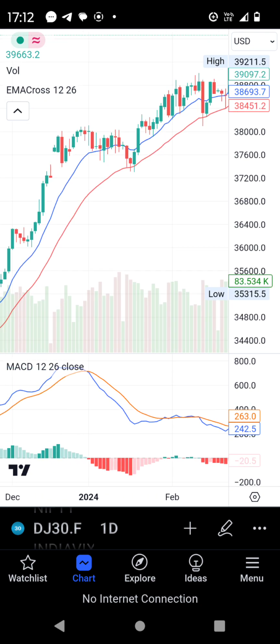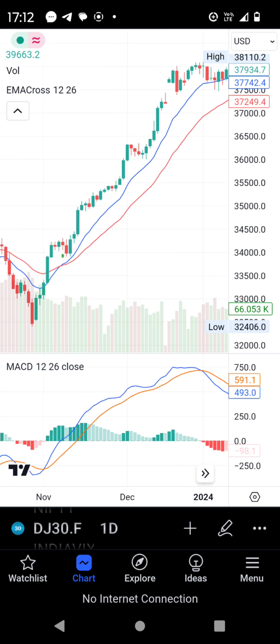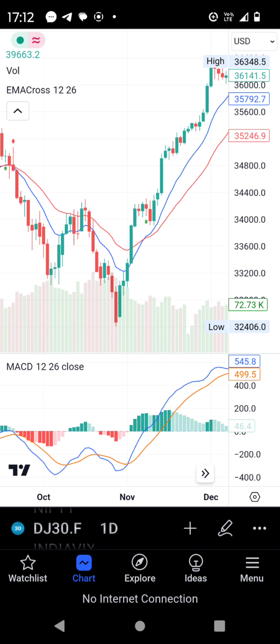What you have to see is the MACD signal crossover, especially below the 0 line. If you get a MACD crossover, MACD crossing the signal, that is the blue line going above the red line, then it indicates bullishness or an uptrend.